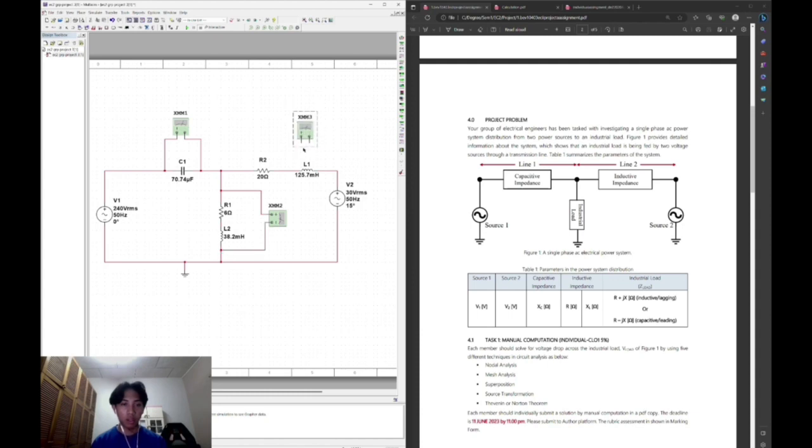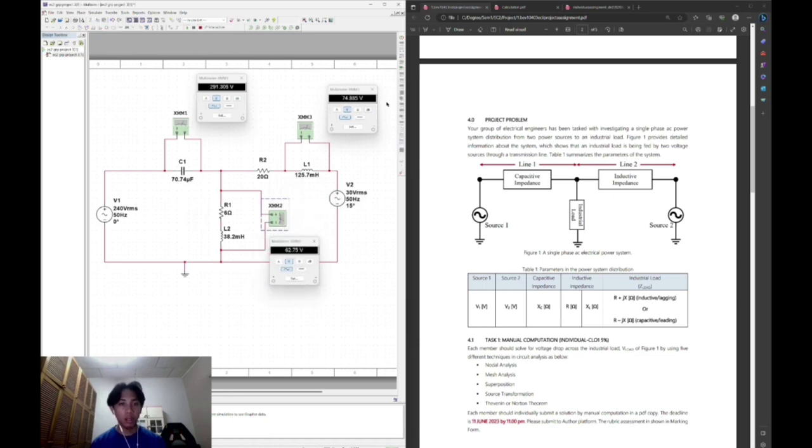For the inductive impedance, since the question just asked for the XL, we just connect the positive probe on the inductor only. Double click on the multimeter and make sure that the waveform is AC waveform. Here, AC waveform. Then click run and we can get all the values here and check them with our calculation before.